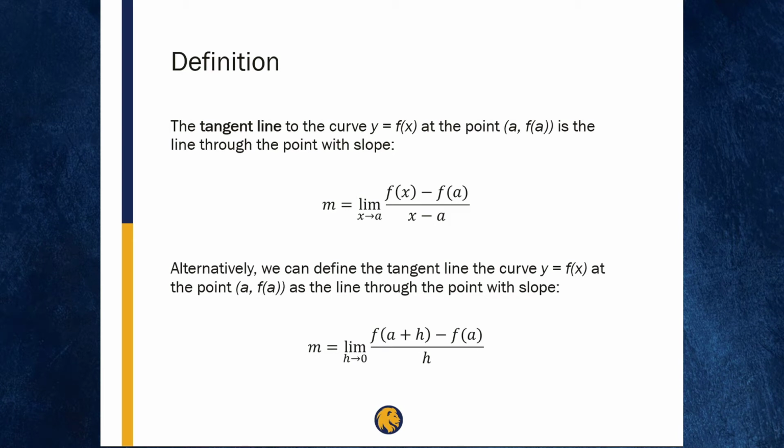So alternatively, I'll often define the tangent line to the curve y equals f of x at the point A, f of A as a line through the point with a slope m equals the limit as h approaches 0 of f of A plus h minus f of A all over h. That's a more common formula that's used for calculating the slope of a tangent line.